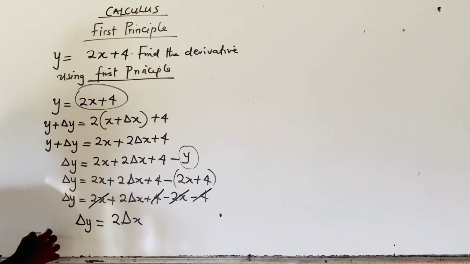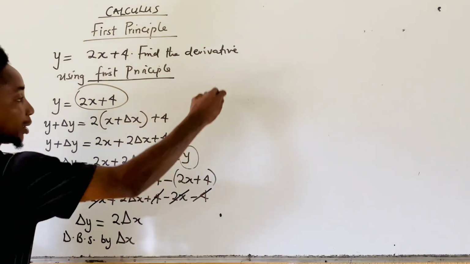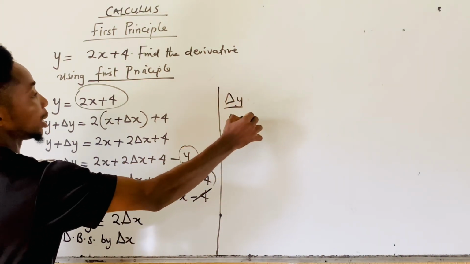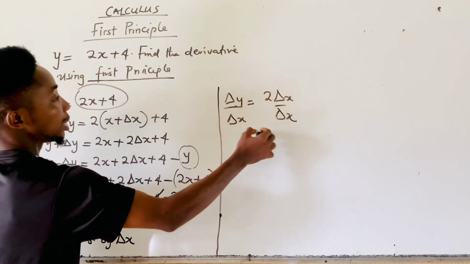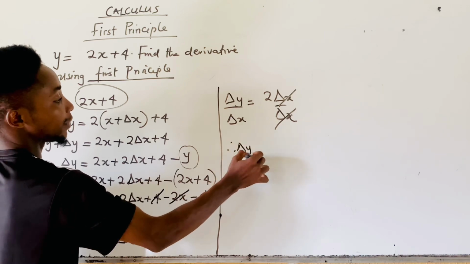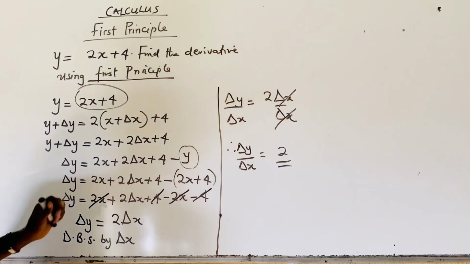Now you divide both sides by change in x. So at this point, change in y divided by change in x equal to 2 change in x divided by change in x. Change in x cancels change in x, therefore the derivative of y with respect to x is what? 2. Answer.